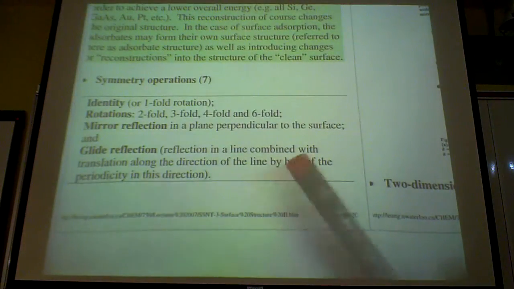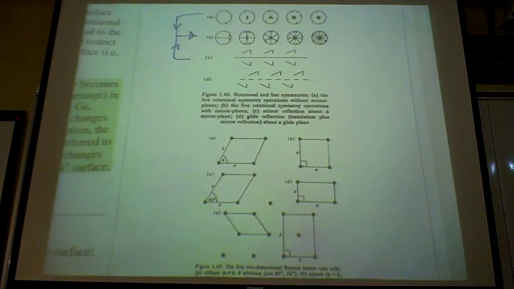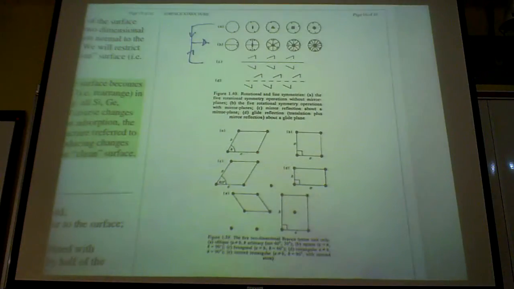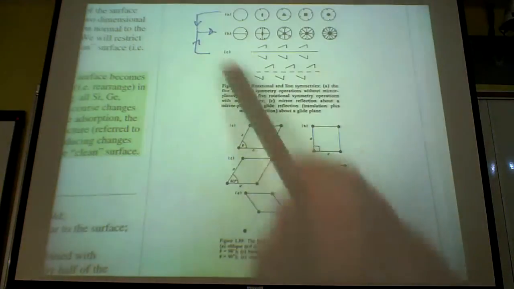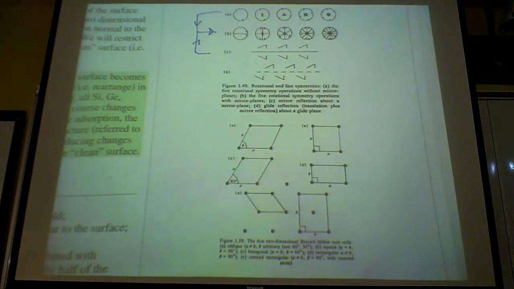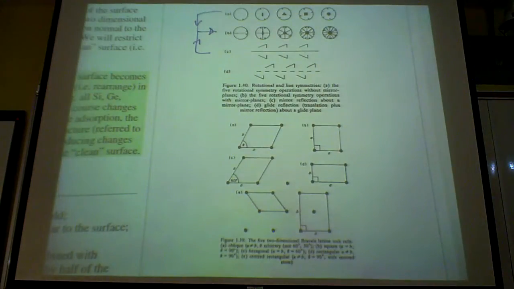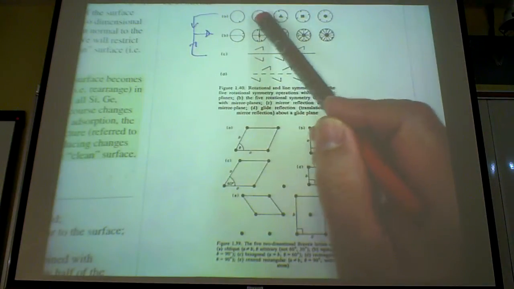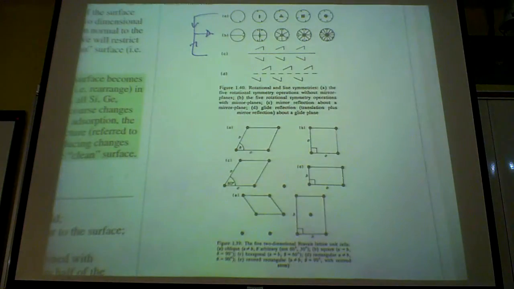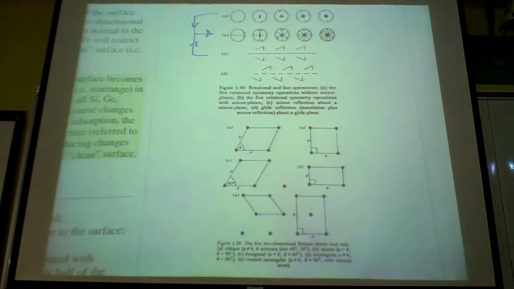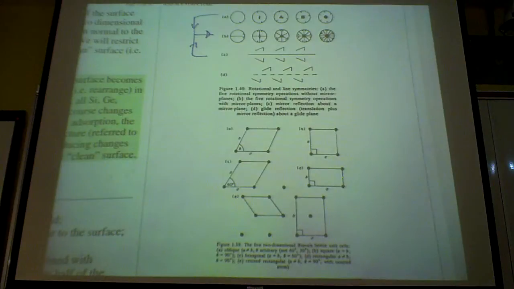And then you have mirror reflection and glide reflection. These are represented by different ways of operating on a point. For example, this one is 2-fold rotation, rotation by 180 degrees. This is 3-fold rotation, rotation by 120 degrees, and this is rotation by 90 degrees, and so forth.